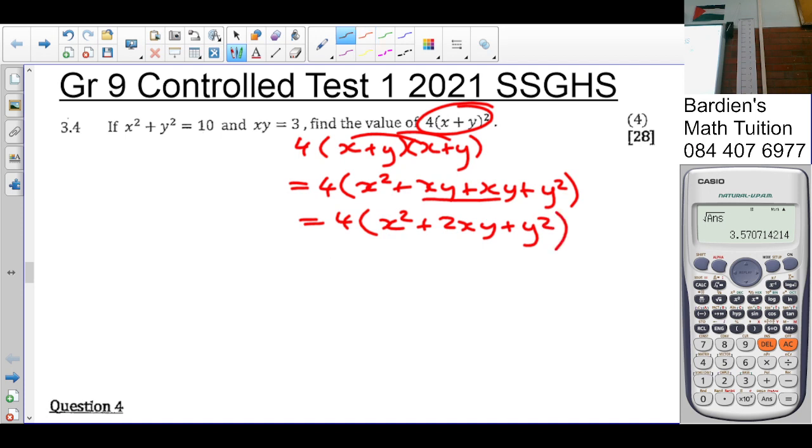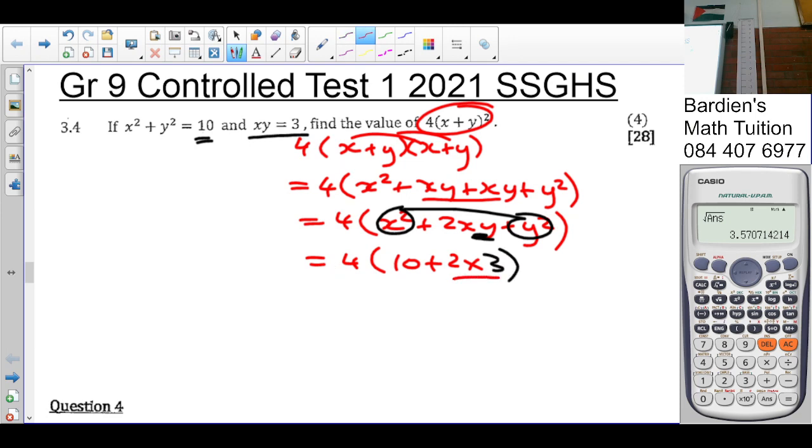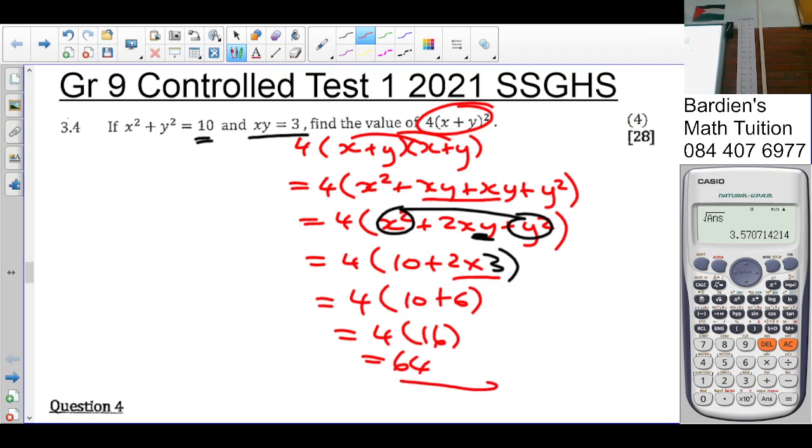What is x squared plus y squared equal to? 10. So it's 4 into 10 plus 2 times, what's the value of xy? 3. 3 times 2? 10 plus 6? 4 times 16? 4 marks or something like that.